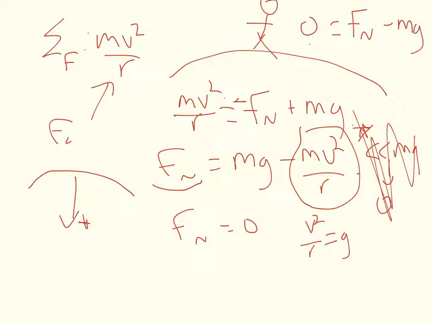Okay, so what you want to think about with circular motion is, at any moment, your velocity is tangent to the circle. And then the force is kind of pulling you back into the circle.